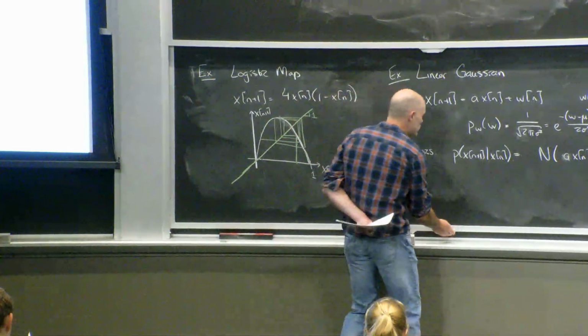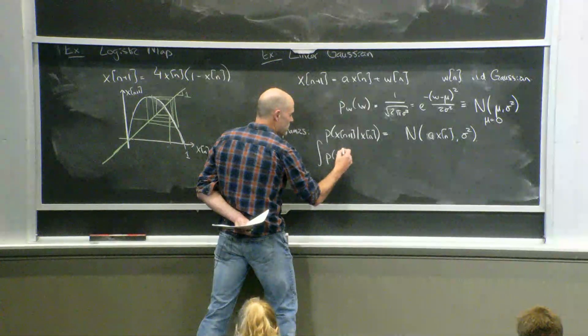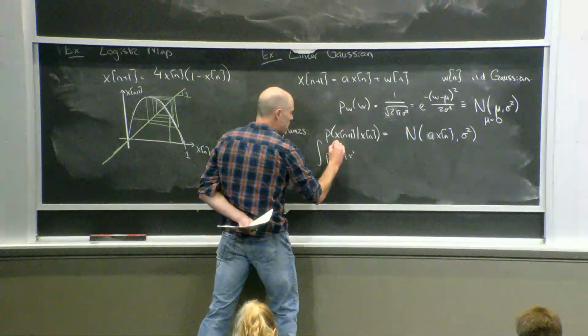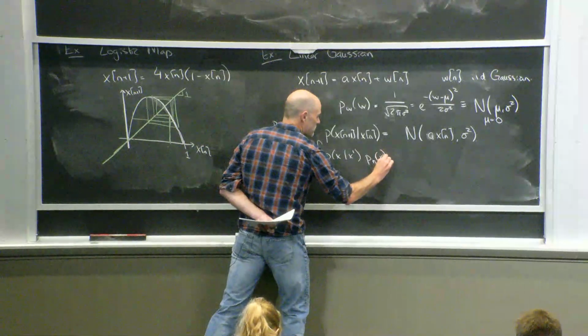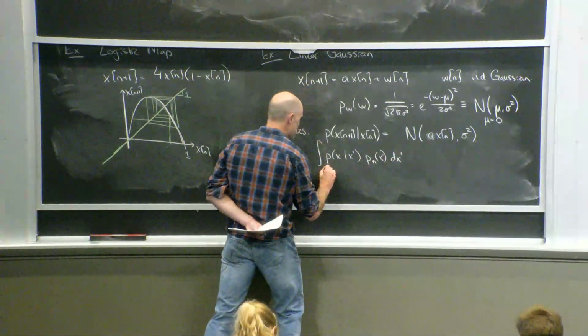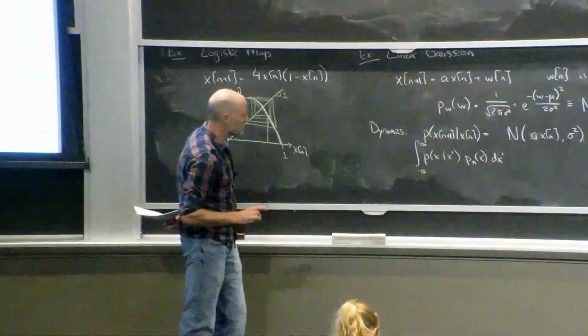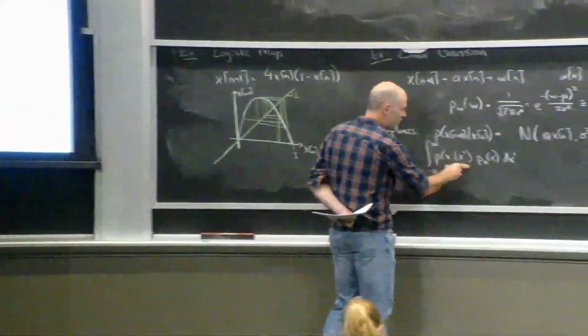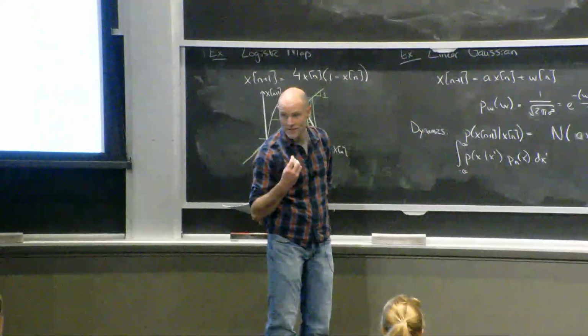And then if I go to do the convolution of this, x conditioned on x prime, times p of n of x prime dx prime, there are a few important cases where I can take the integral of a Gaussian with another Gaussian and everything's clean. There's basically two cases.